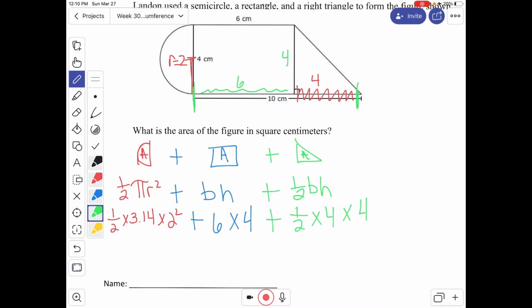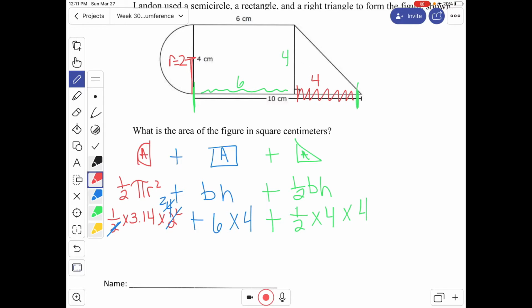Then we just go back and work it. Well, I can cancel that 2, but I can't cancel it with the 2 squared. I have to work out the exponent part first. So 2 squared makes 4. Now I can cancel the 2 with the 4. 4 divided by 2 makes 2.